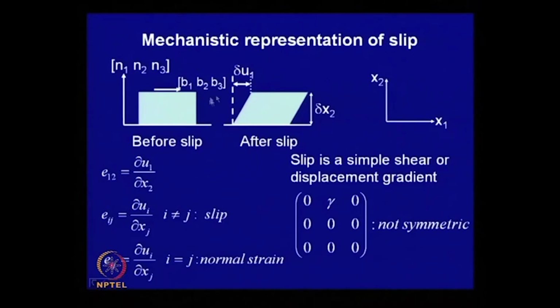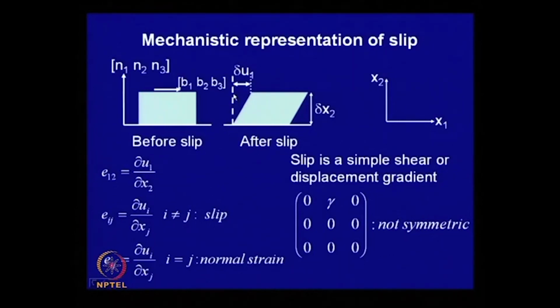Now, this point is displaced by an amount delta u, and the subscript 1 represents this axis. So, along the x1 axis this is the displacement. Now, usually shear is represented by the ratio tan of this angle.